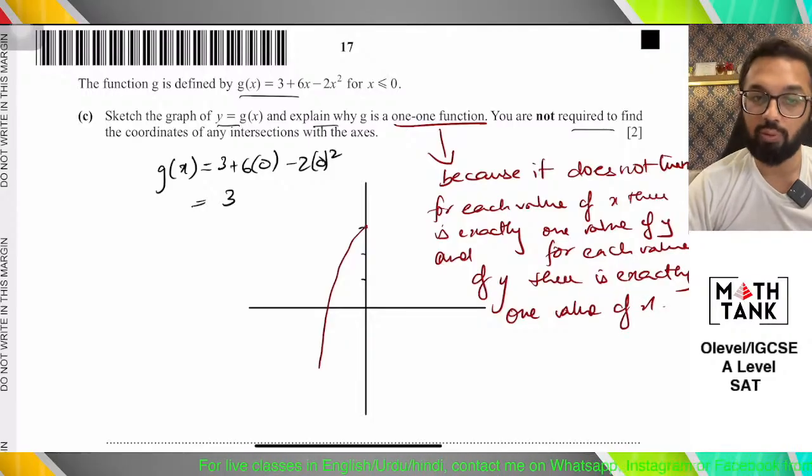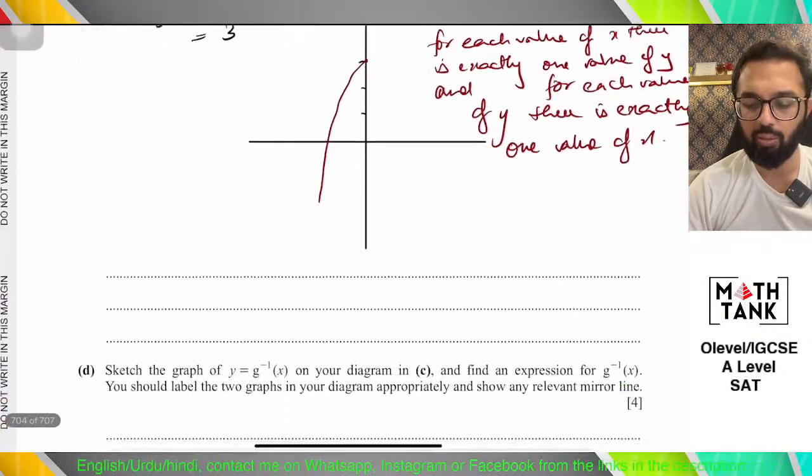The turning point definition might also work, since marking schemes are a little vague when it comes to writing down explanations.